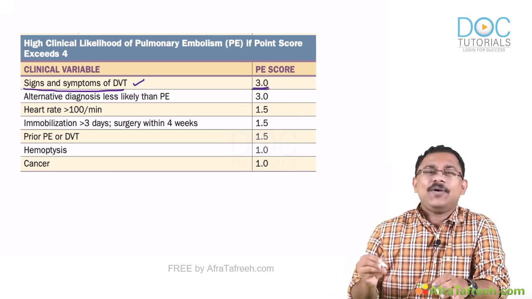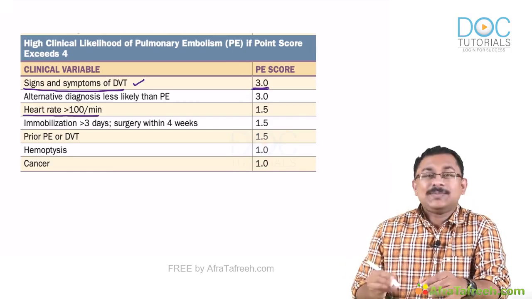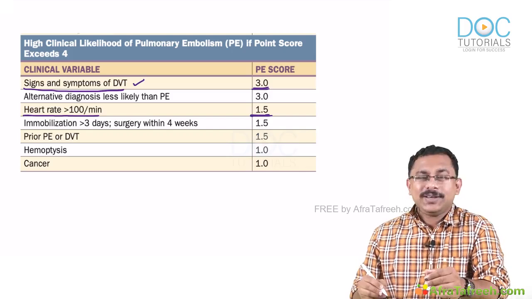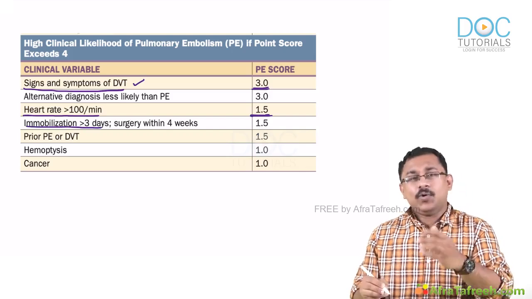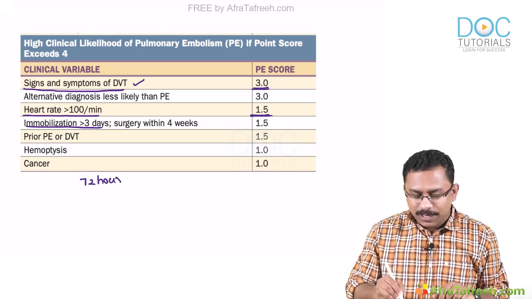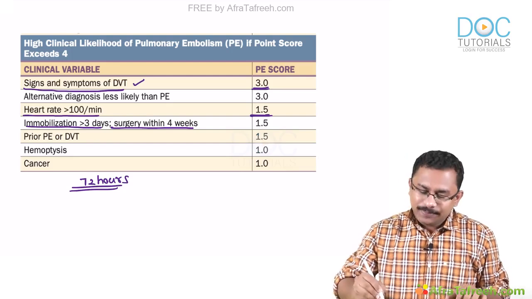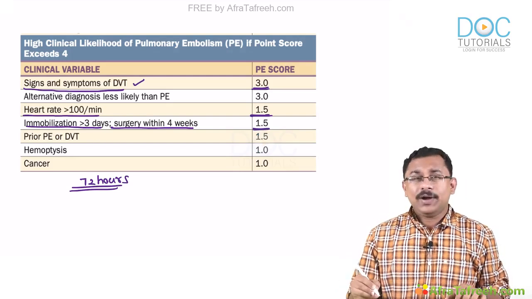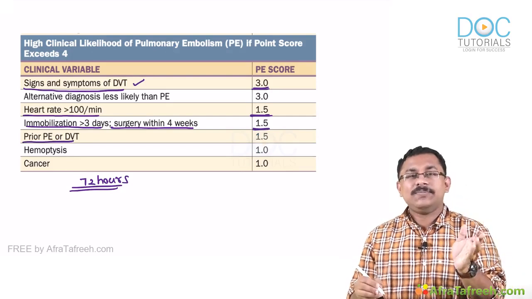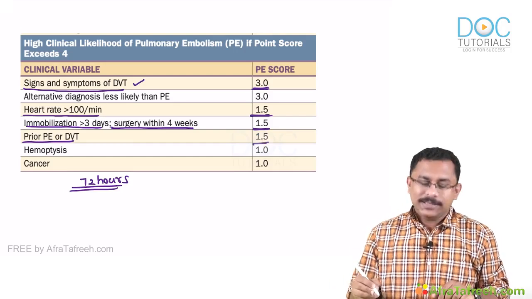So you will give 3 points for that. And second, if the heart rate is more than 100, you will have 1.5 points for it. If there is immobilization for more than 3 days, that is more than 72 hours, or if there has been a surgery within the past 4 weeks, then again you can assign 1.5 points. If there is a prior history of a pulmonary embolism or a deep vein thrombosis, again you can assign 1.5 points.